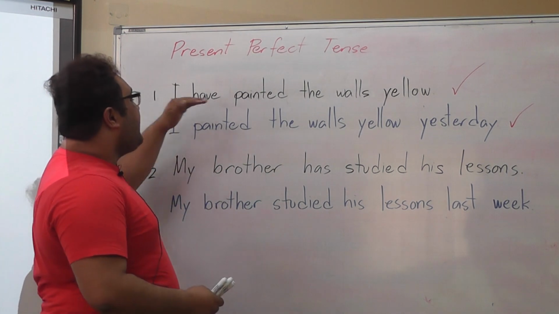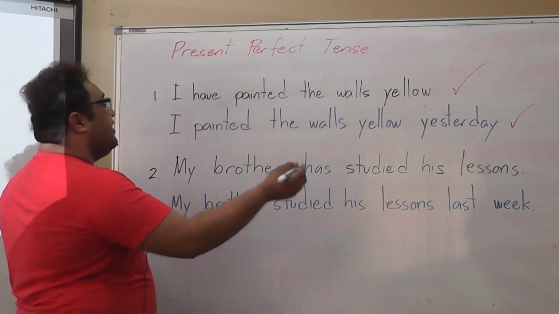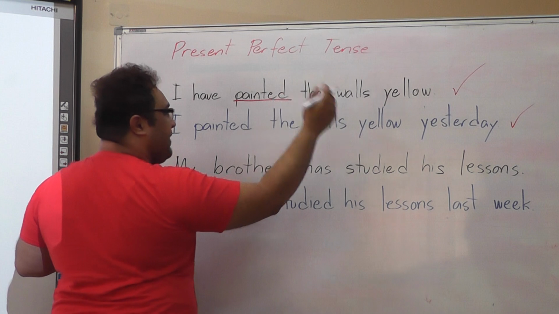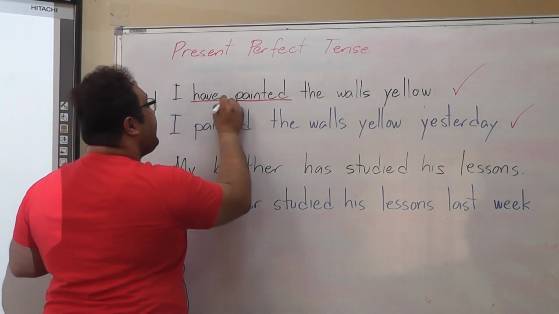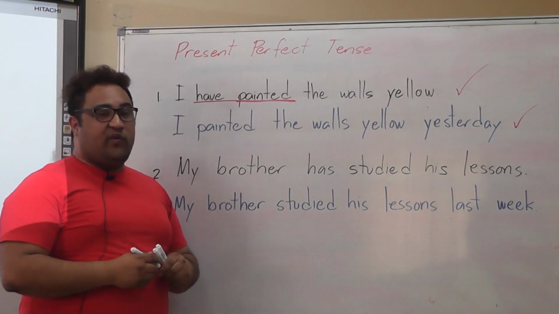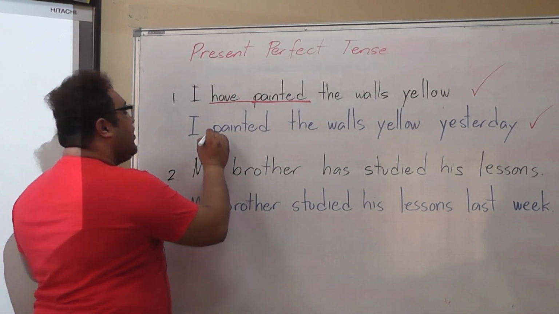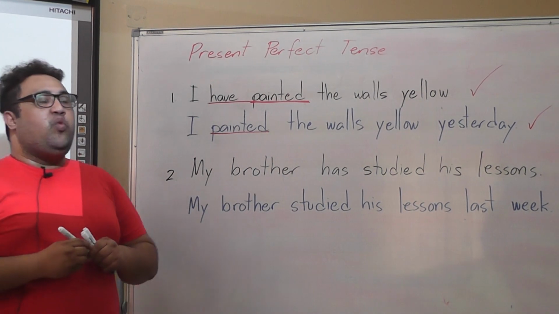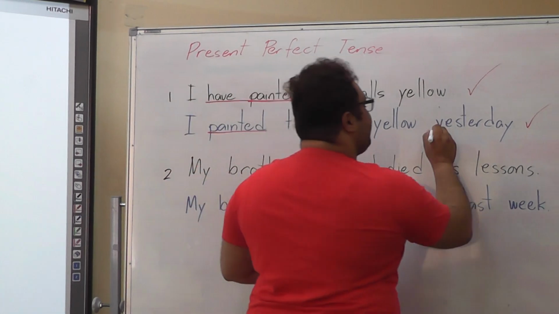Okay, so I have painted the walls yellow. Let us focus here. Take note that we made use of the verb paint in its past tense, painted, but we added have. So I have painted the walls yellow, contrary to the second example wherein we only have the past, painted. So why? What is the difference? The difference is the time.